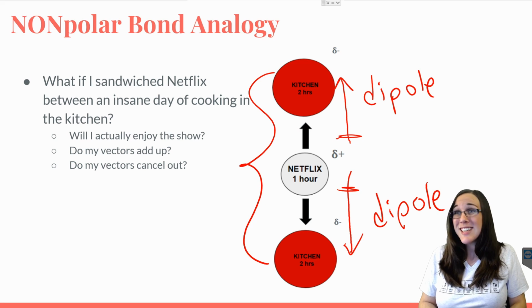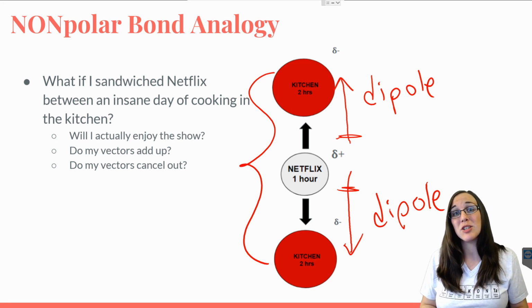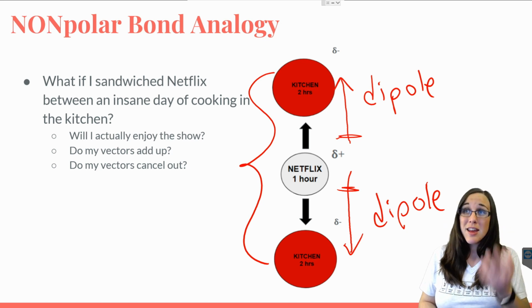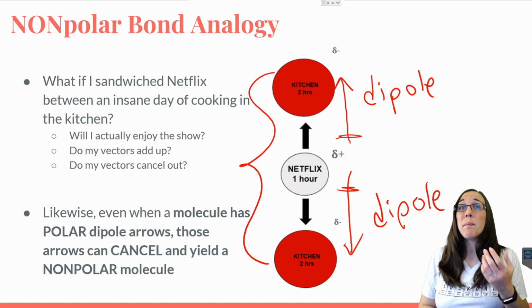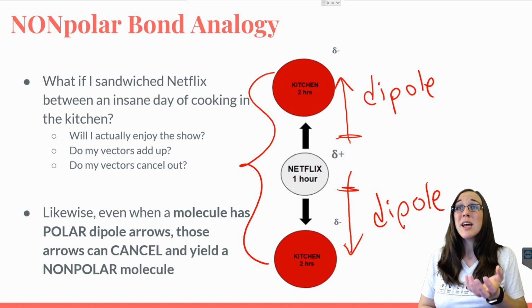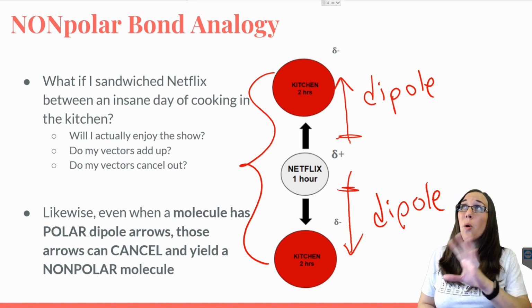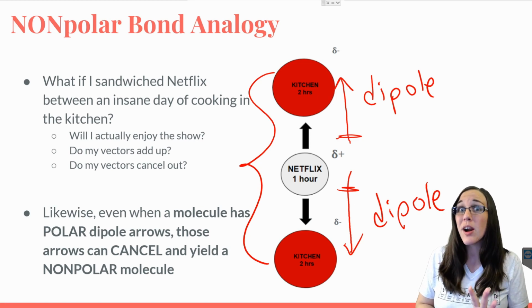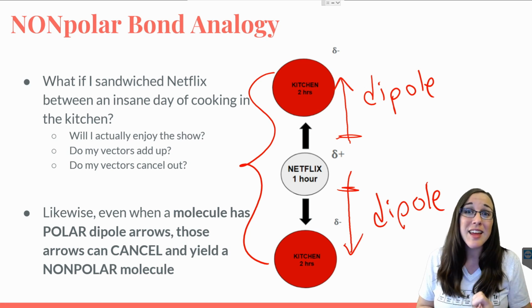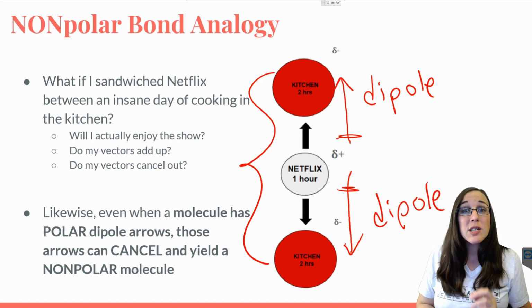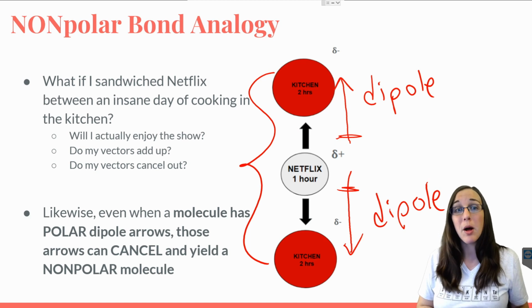Those electrons are technically shared equally on either side of the molecule and not positioned on one side or the other in a greater concentration. So even though this molecule does have polar dipole arrows, just because we have dipole arrows doesn't necessarily mean that the whole molecule has to be polar. You have to check and see if there are any other dipole arrows that could cancel out the ones that are present. In other words, we can have polar bonds, but an overall nonpolar molecule.